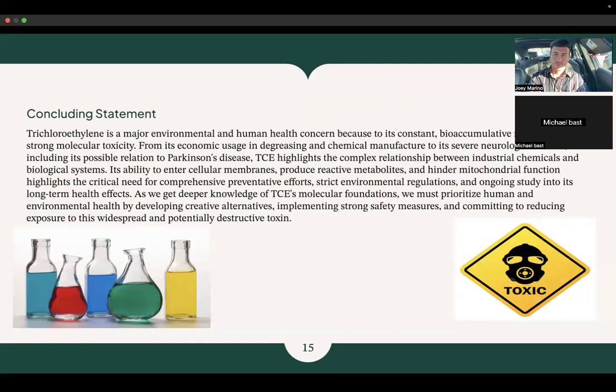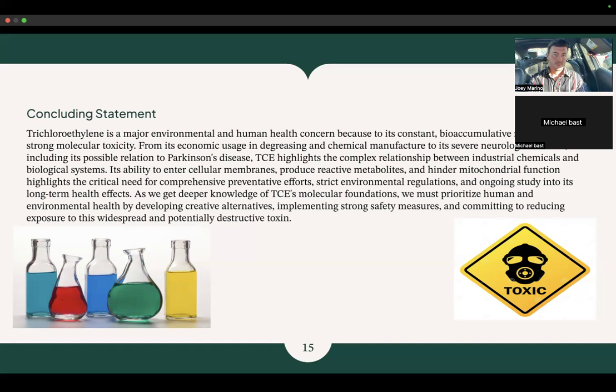Okay, this brings us to the end of our presentation, and we're going to end with a little concluding statement. The major takeaway from this PowerPoint is that trichloroethylene (TCE) is a major environmental and human health concern, because as shown in this presentation, it is bioaccumulative and has strong molecular toxicity.